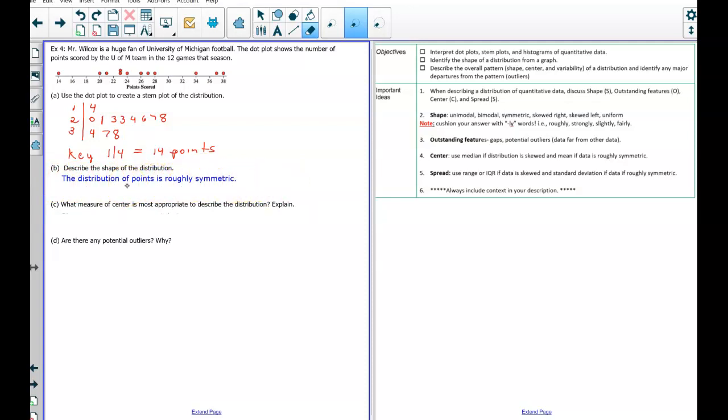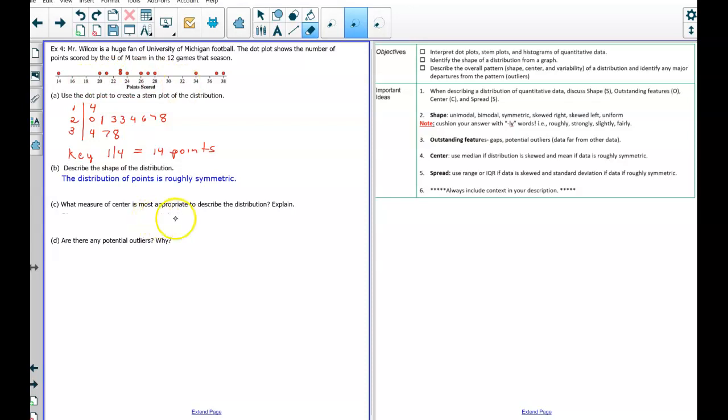And I said that the distribution of points, because that's what this distribution is, the context of the problem, is roughly symmetric. If you said slightly skewed, notice I used the word slightly, to the right, you would be just as correct. It wouldn't be heavily skewed to the right, but that's personal preference.